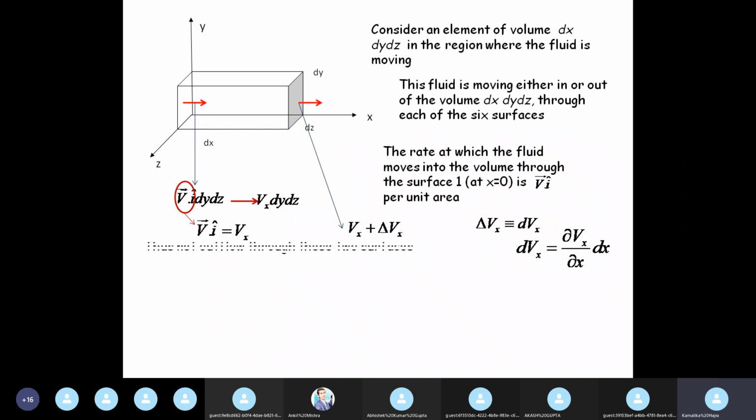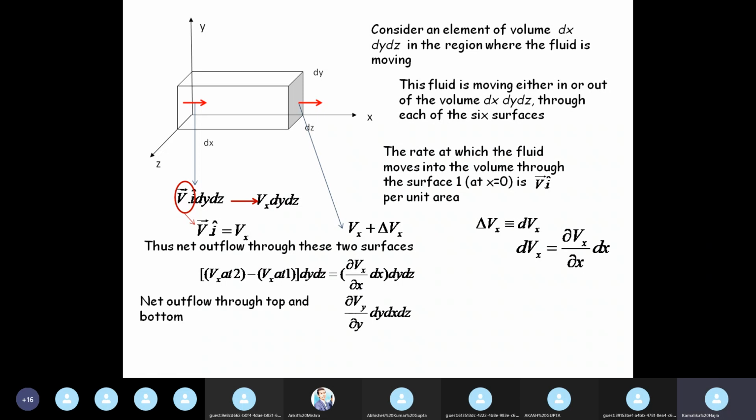Okay, so the difference in the amount of fluid that enters the volume through the first surface and that leaves the volume through the second surface is given by Vx plus delta Vx minus Vx. So we are left with delta Vx or dVx. So it is given by del Vx del x dx multiplied by the surface area dy dz.